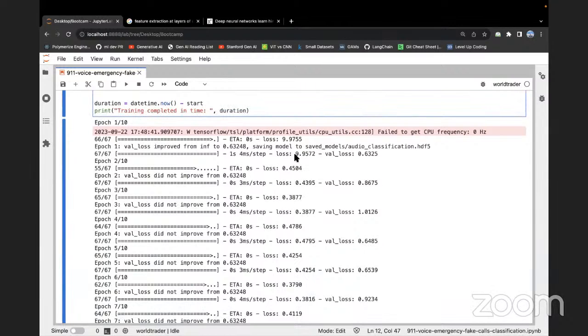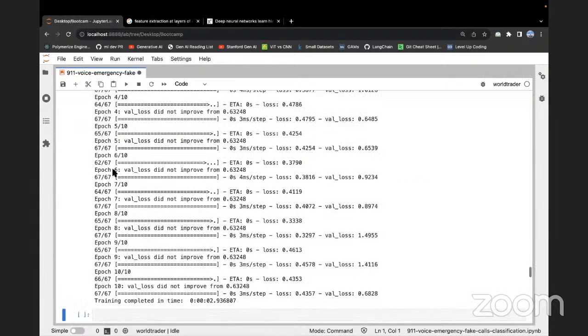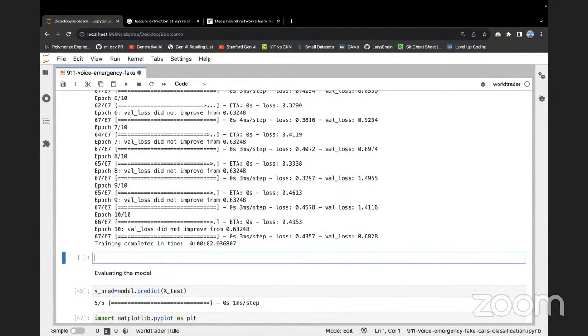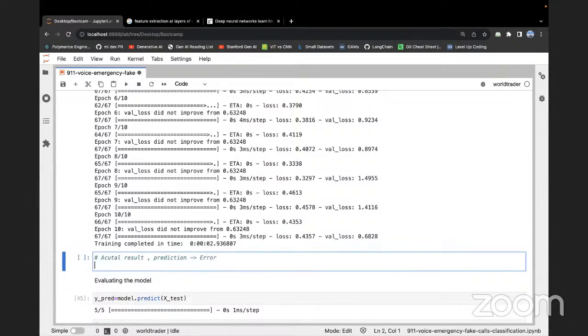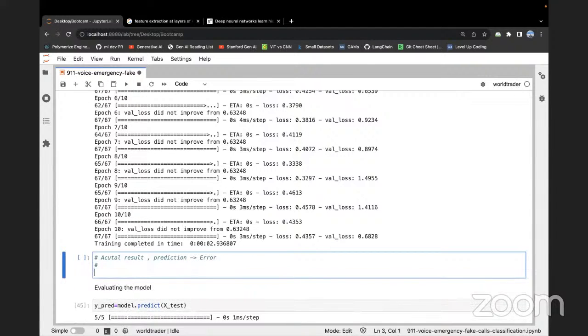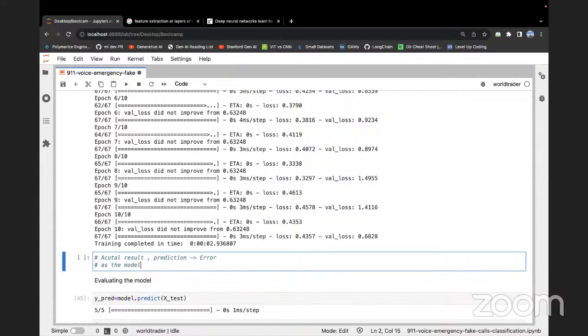Over time, you should see the loss, the difference between the actual result and prediction. Initially, this will have some error, right? Then as the model learns, this error is supposed to reduce.